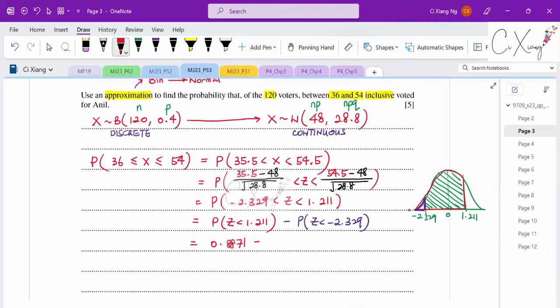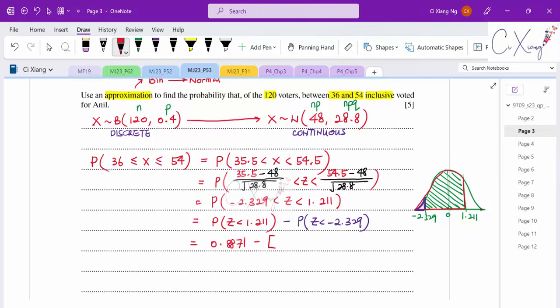So what we need to do is imagine the 2.329 and reflect it to the right hand side, so it becomes 2.329. So for greater than 2.329, to find the small area, you can take 1 minus the big area, which is smaller than 2.329, to get the small area on the right hand side.